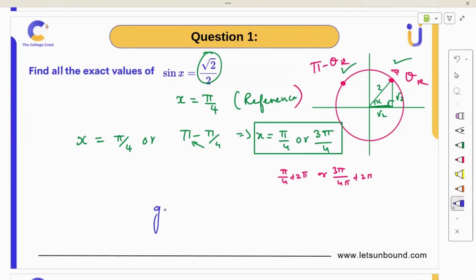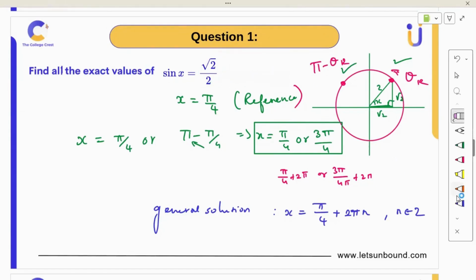So the general solution will look like x is equal to pi by 4 plus the period. Sine has a period of 2 pi, and n belongs to Z. It can be 0, which means before completing the first rotation. If you give 1, it's after completing the first rotation, where I will get these values, right?